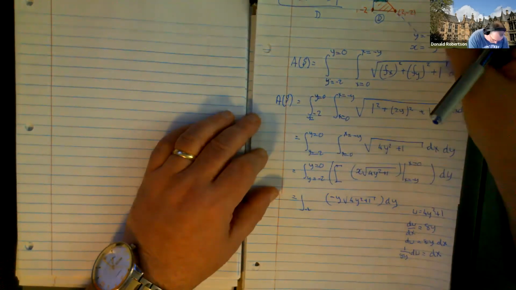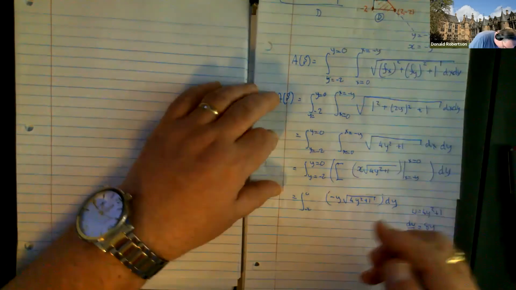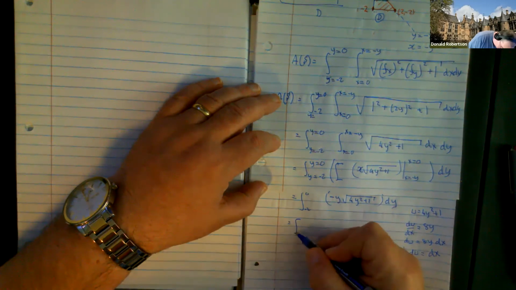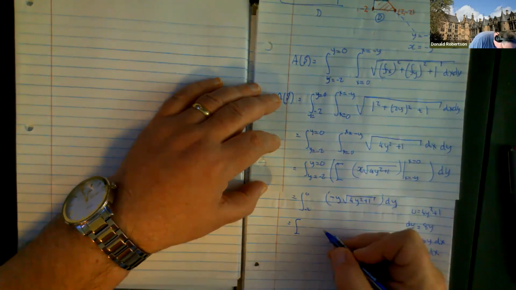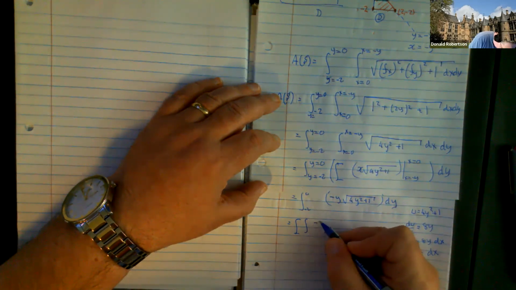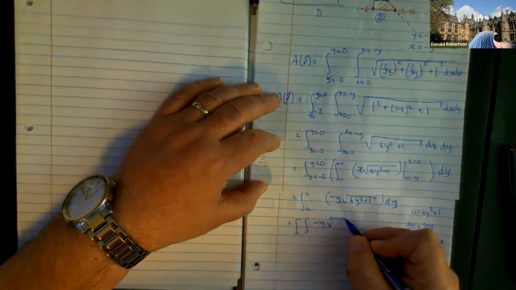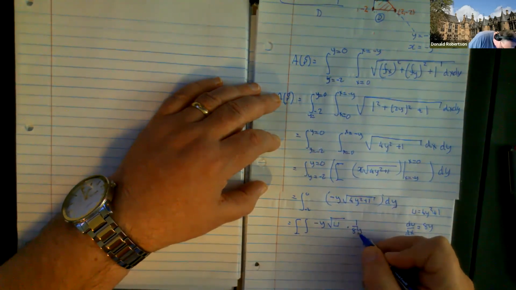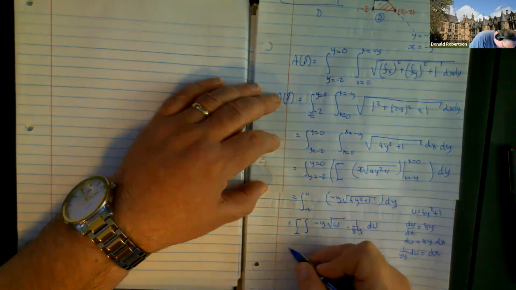And so we have got the integral of what? We have -y square root of u times 1 over 8y du.